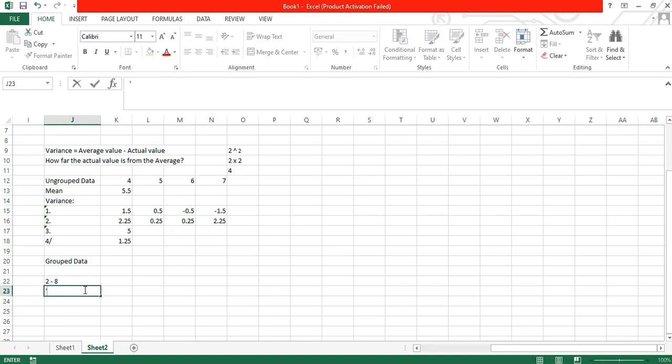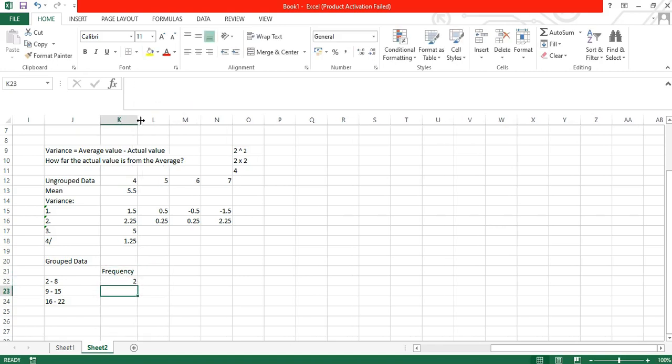So there's a gap of 6. Then 9 to 15, it's discrete data, again a gap of 6, and 16 to 22, a gap of 6. I'm going to give the frequency. We learned what frequency is. It will be 2 and maybe 5 and 7.